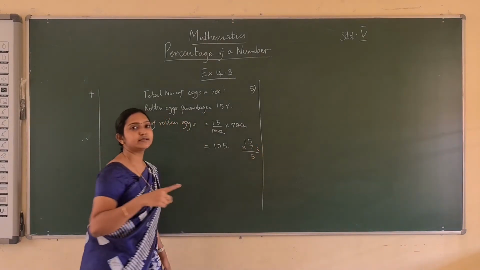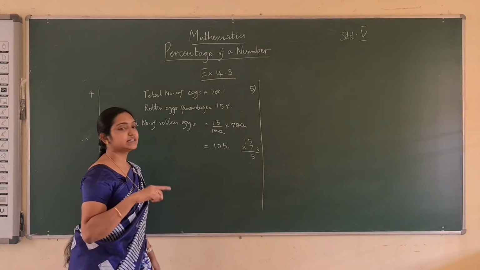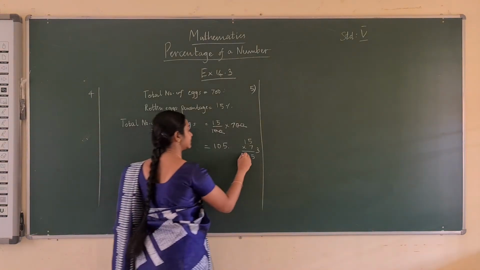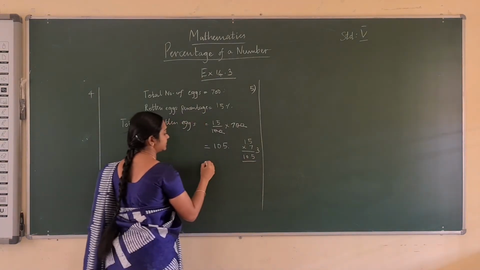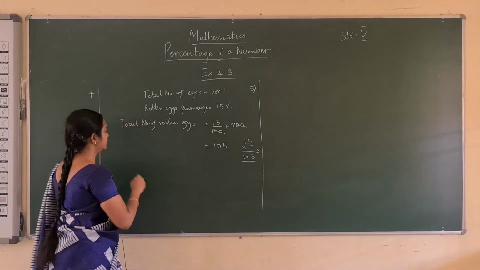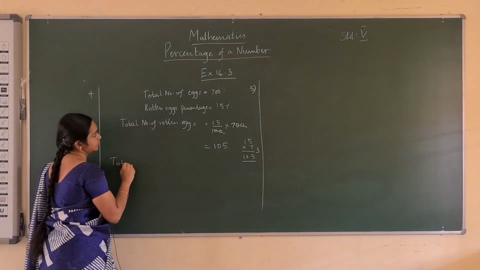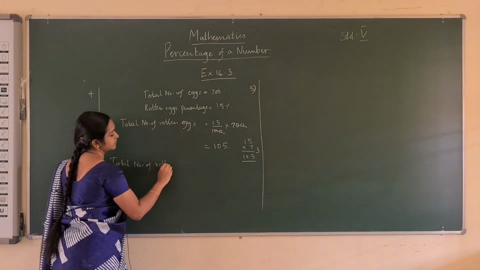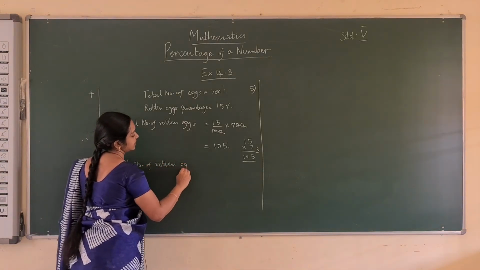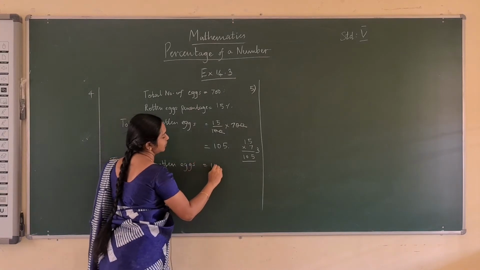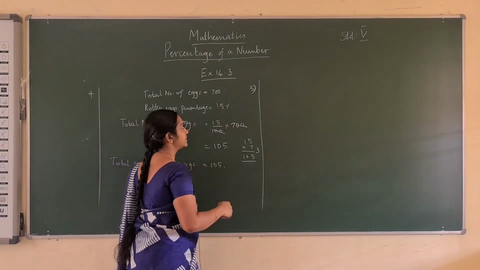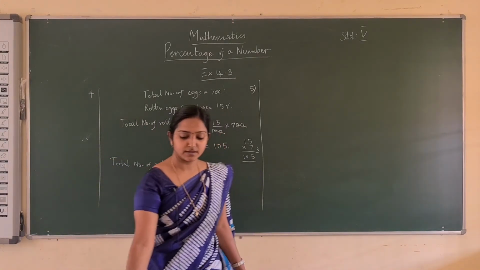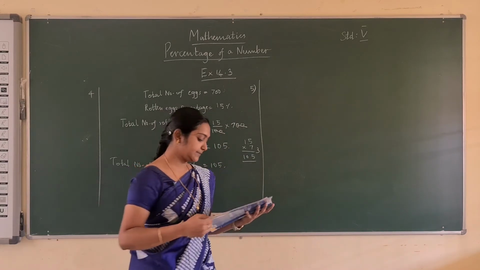Write 5 here and 3 is remaining. 1 7 is 7. 7 plus 3 is 10. So it is 105. So total number of rotten eggs is equal to 105. This is the answer.